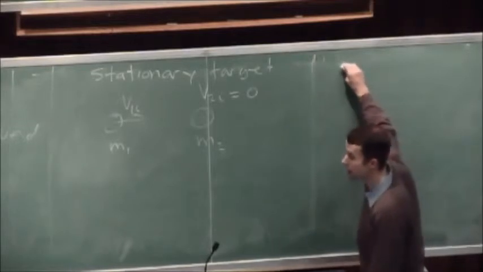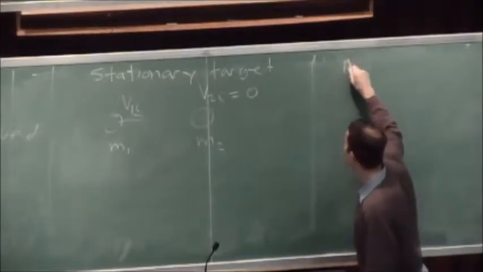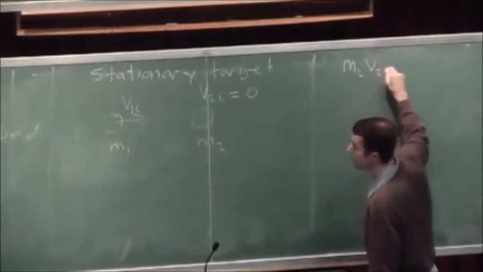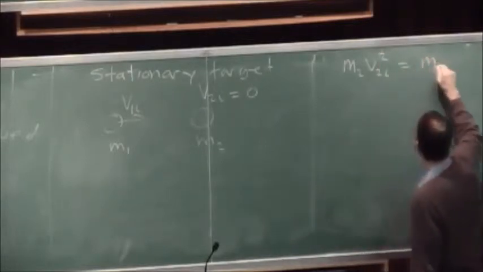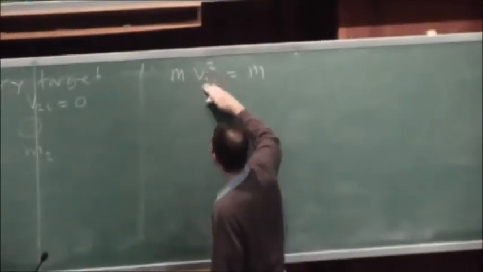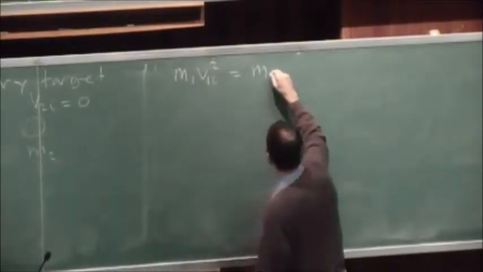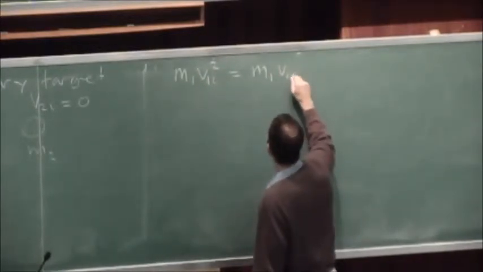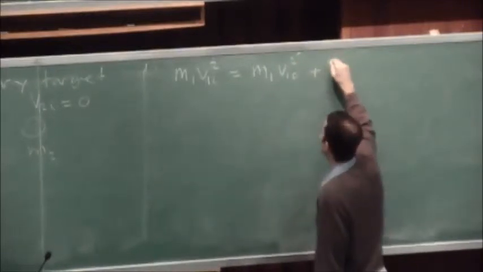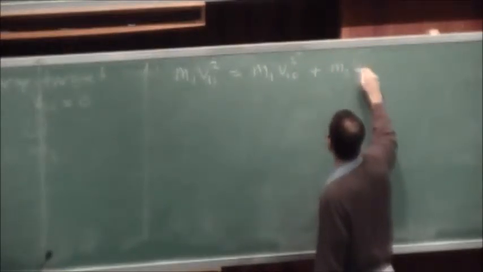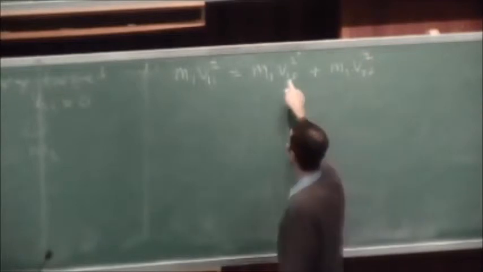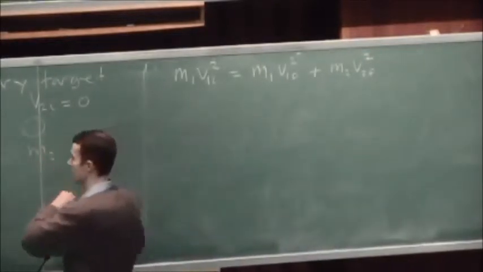So I say that M1 V1 initial squared is equal to M1 V1 final squared plus M2 V2 final squared. So this is the before situation.